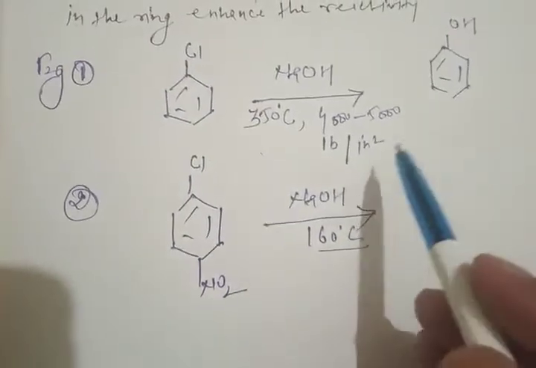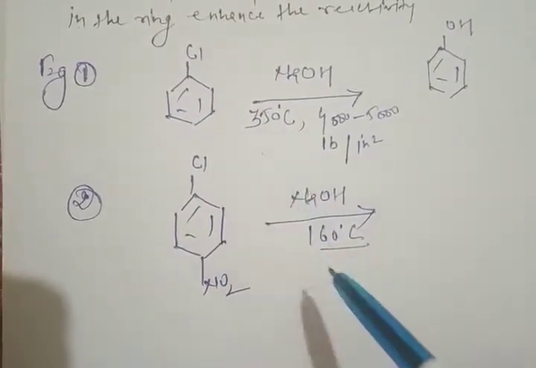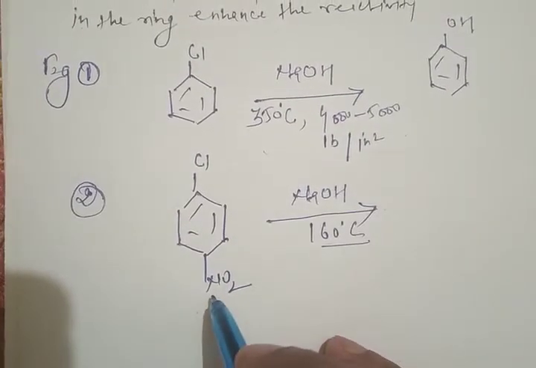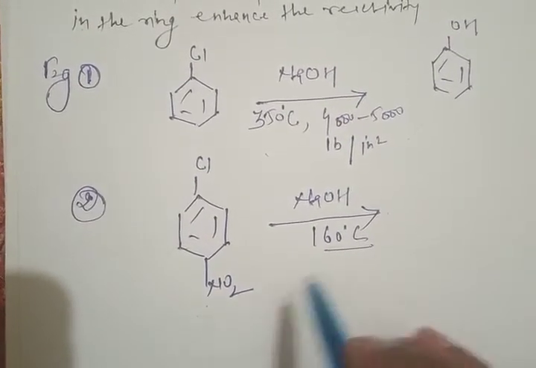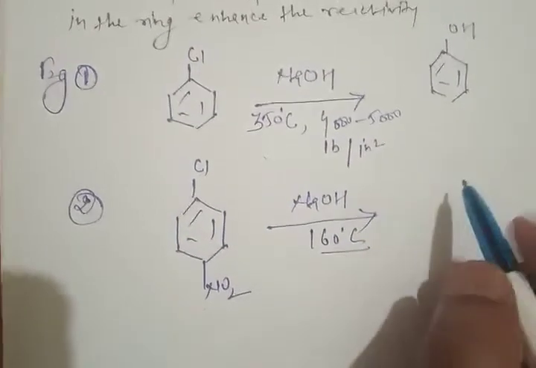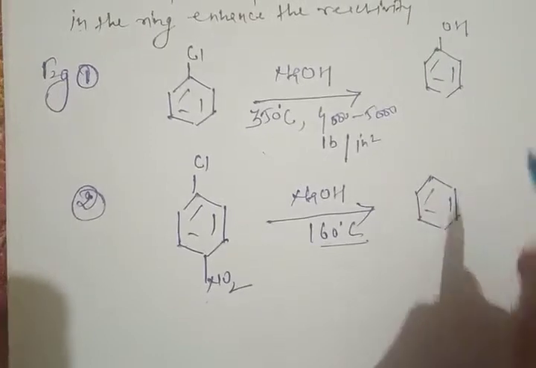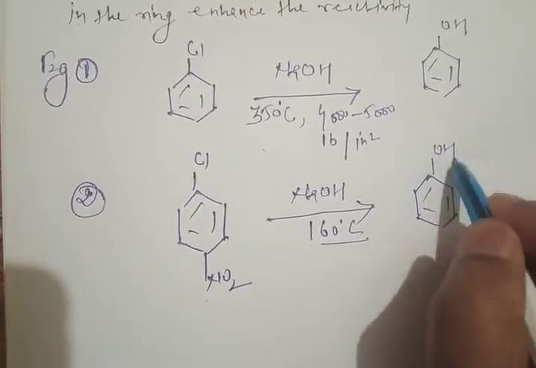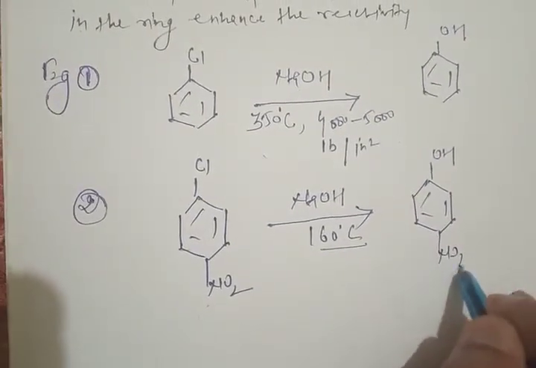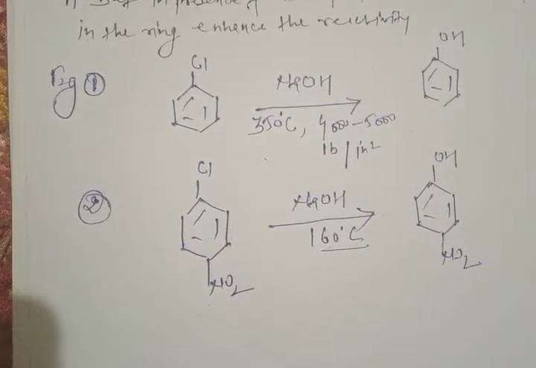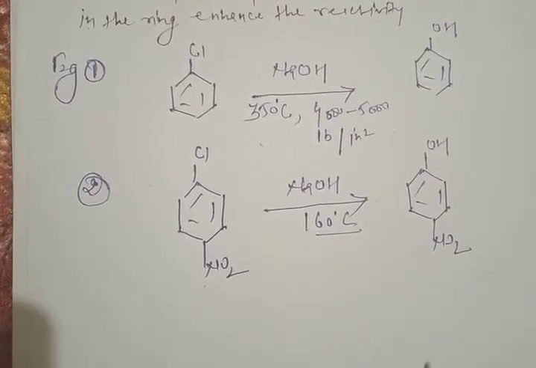Note that here the temperature was 350 before. So as you put one electron withdrawing group at para, the condition changes, and you will get the phenol substituent. This is para nitrochlorobenzene, and this is para nitrophenol.